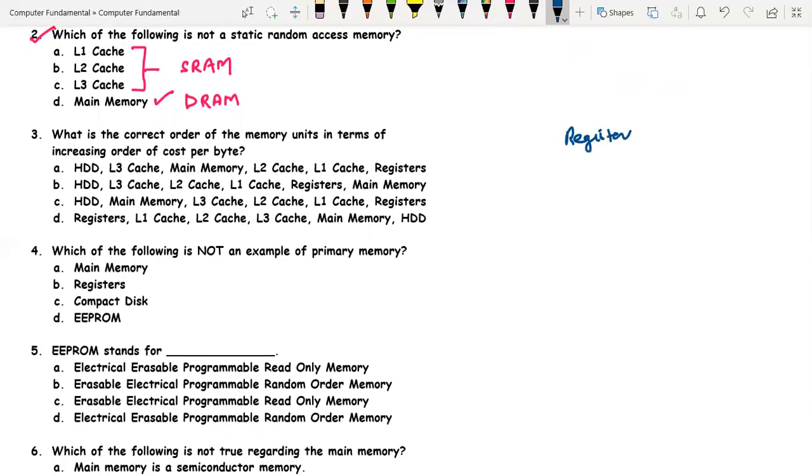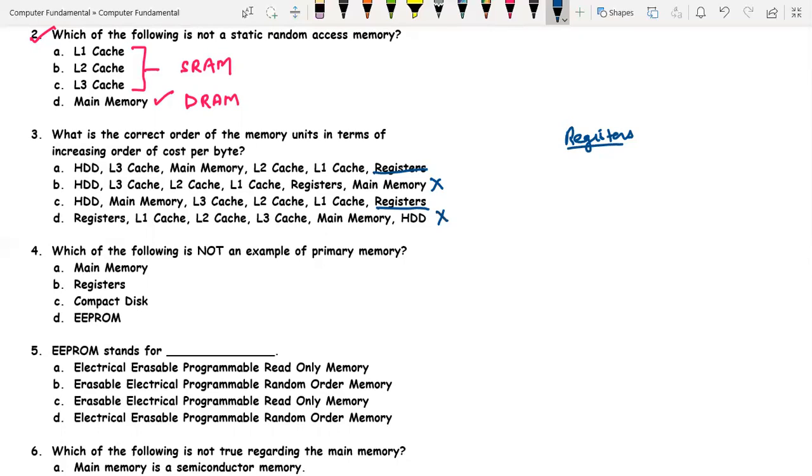So either this option is correct or this option is correct. These two are wrong. I'm just giving you the idea how to solve this problem. The answer is C because it starts from the hard disk drive, which is the lowest, straight to the registers, which is the fastest.